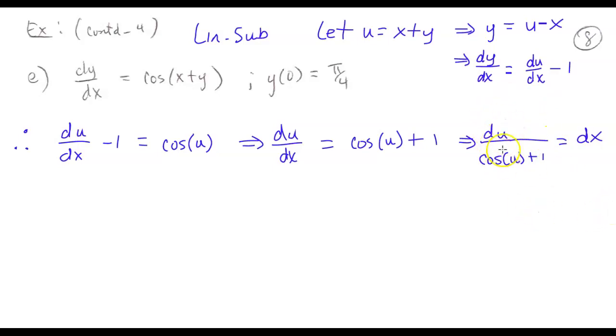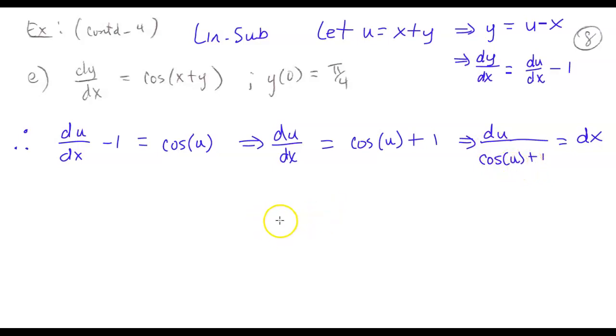So here, the way that we're going to handle this is we know that we don't have a direct way to take the antiderivative of 1 divided by cosine of u plus 1 directly. But what we can do is multiply the numerator and denominator of this expression by the conjugate of the denominator to give us something a little bit more familiar to us, okay?